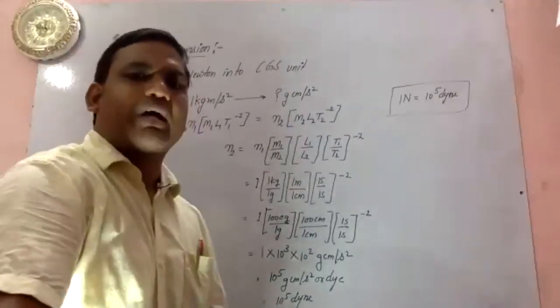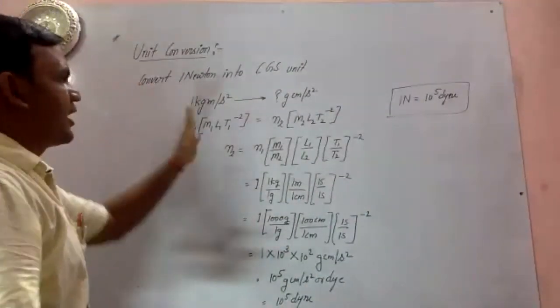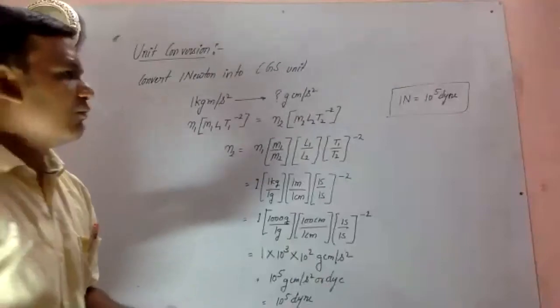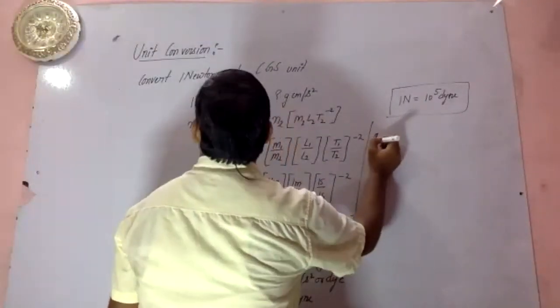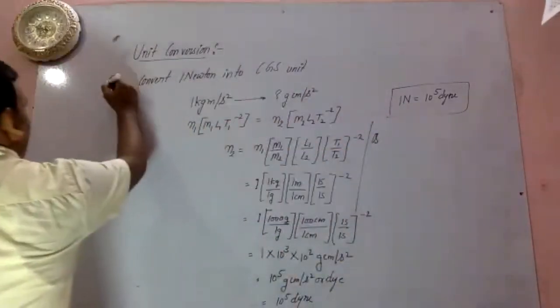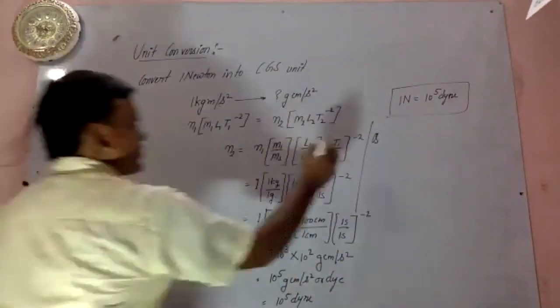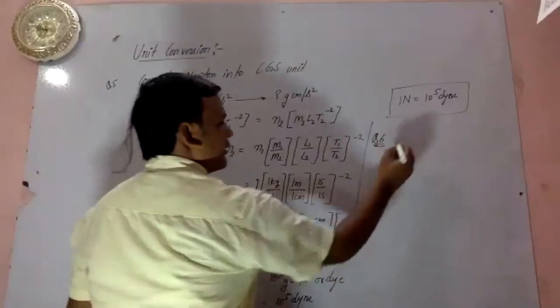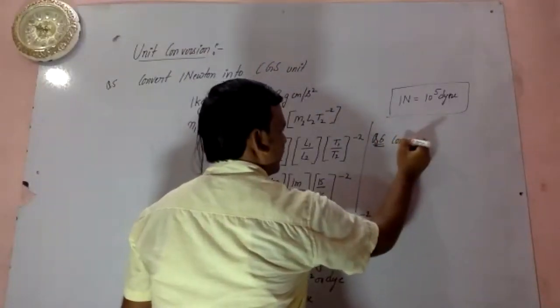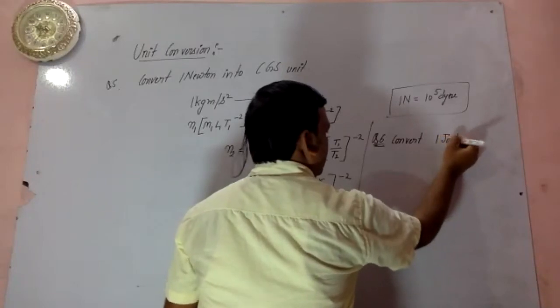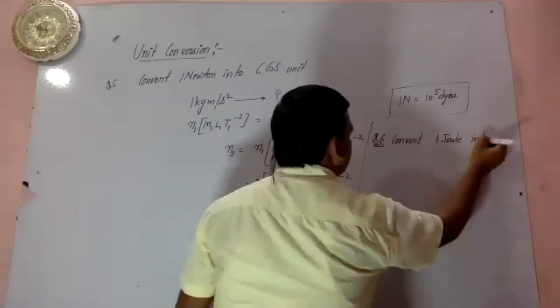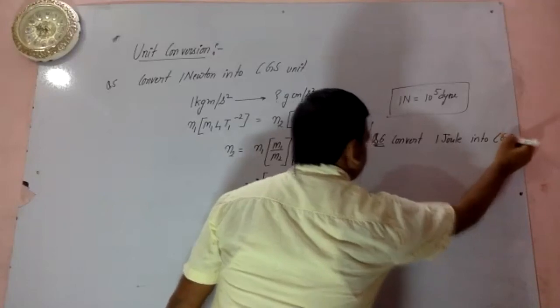Okay. So I'm giving my question based on this unit conversion for your assignment. This was question number 5, I think, and question number 6 is: convert 1 joule into CGS.